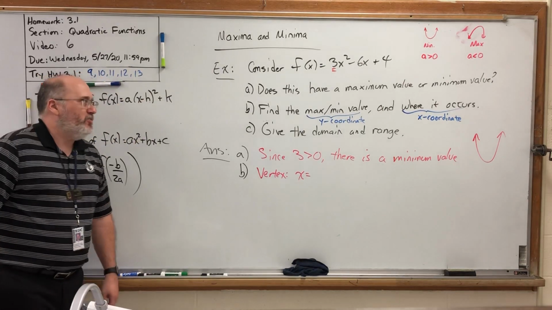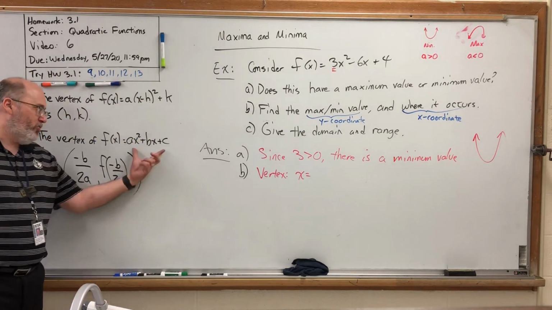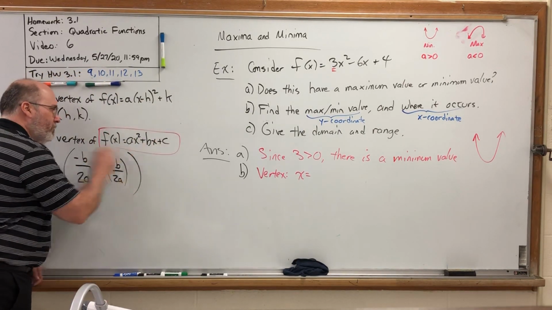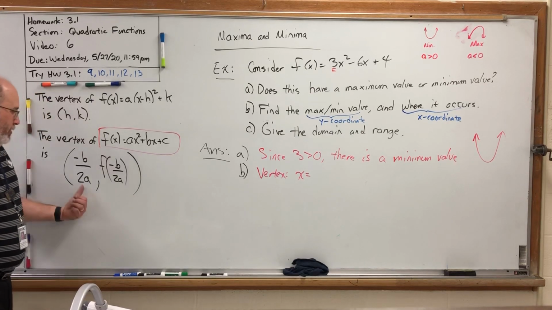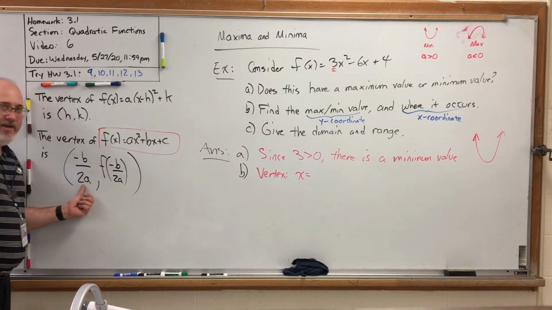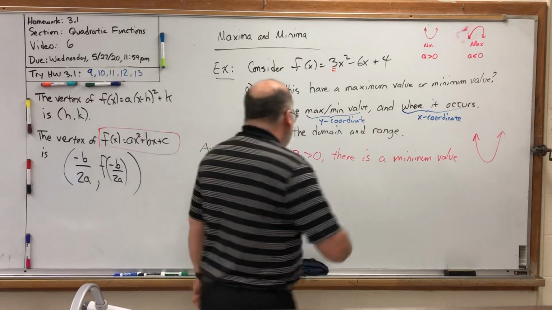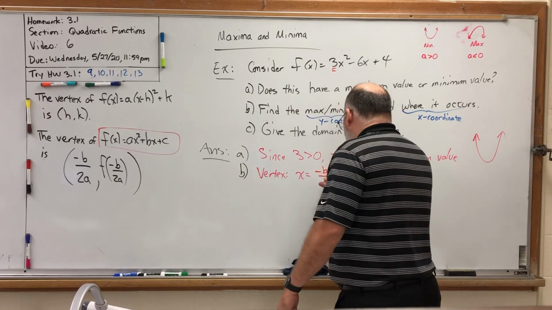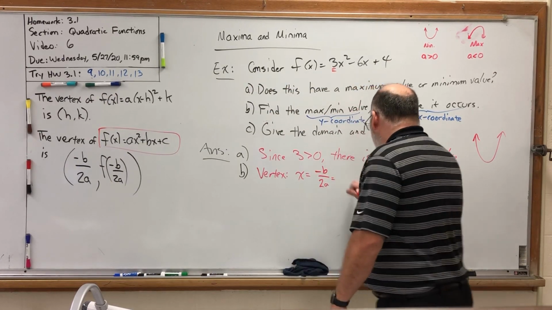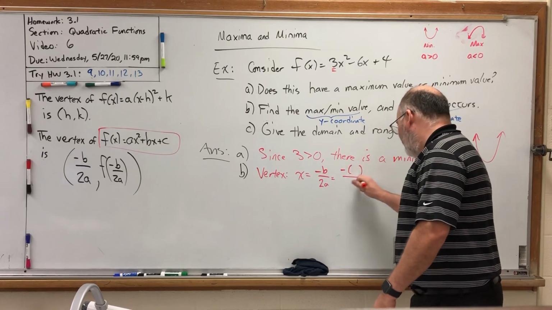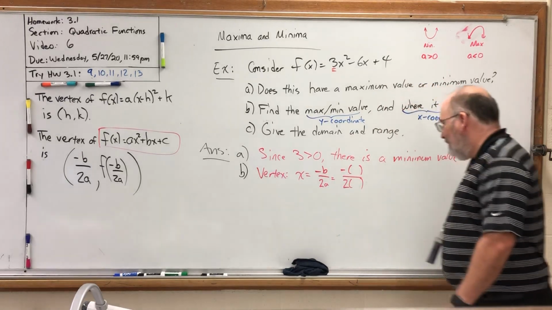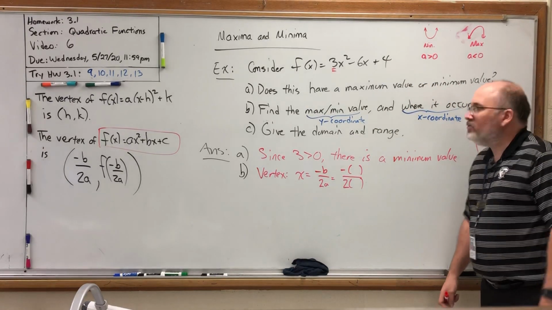Now this function is in general form, and more generically it looks like this. To find the x-coordinate of the vertex, we have to calculate negative b over 2a. Not too bad. Negative b over 2a. So let me set this up with parentheses instead of b and a, and then I can just substitute the values.